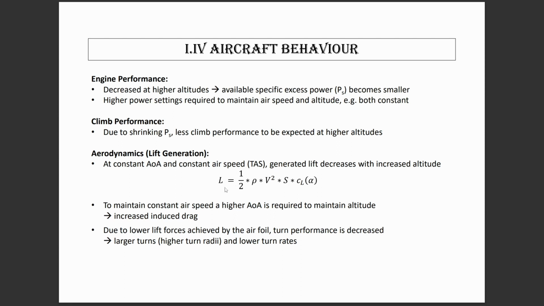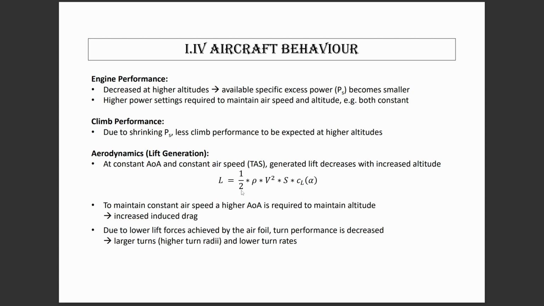And the indicated airspeed tells you what your current dynamic pressure is with respect to the mean sea level value, because the indicator is calibrated for the mean sea level values of your dynamic pressure.